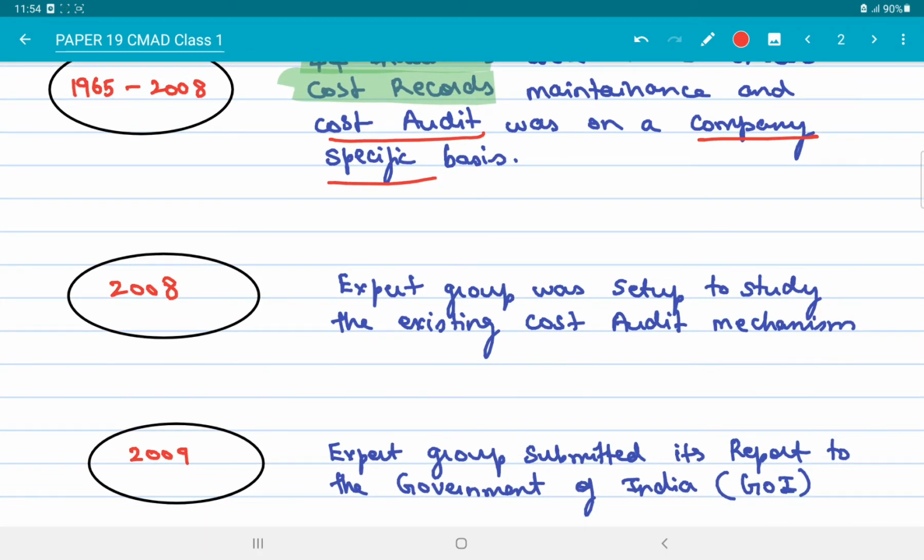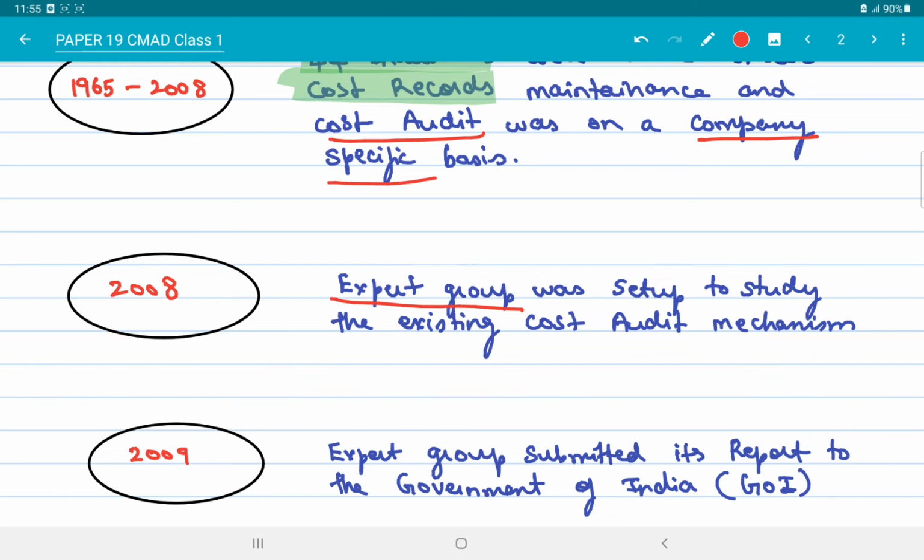Then in 2008, an expert group was set up to evaluate whether the cost audit and the cost records are actually meeting the requirement of Companies Act 1956.